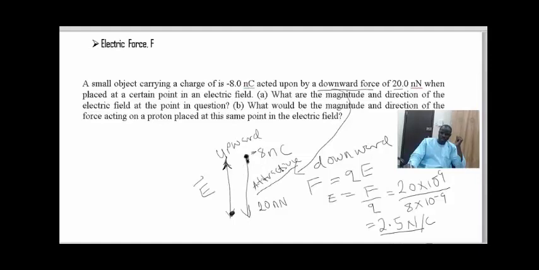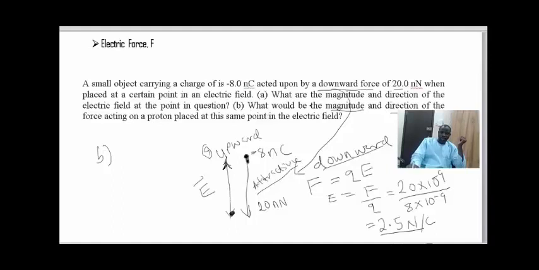Since we have an attractive force pulling this down, our field is going to act upward. So this is part A. The magnitude is 2.5 newton per coulomb. The direction is upward.